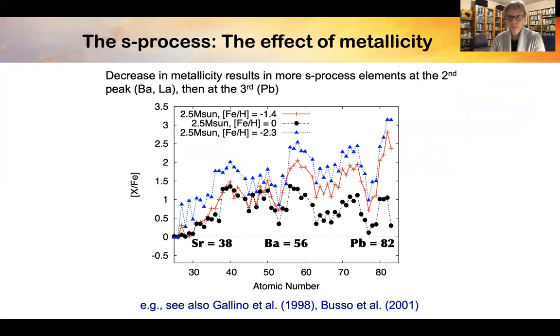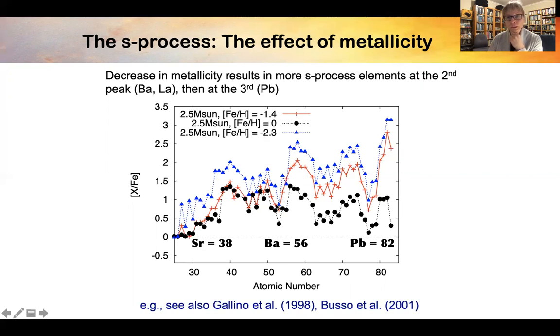What about the effect of metallicity? Now here I'm showing predictions, they're all from a 2.5 solar mass star. The solar metallicity in black, these are the black points, for -1.4, so more than 10 times iron deficient compared to the sun, in red, and very low metallicity, so about 200 times the iron deficiency of the sun, in blue.